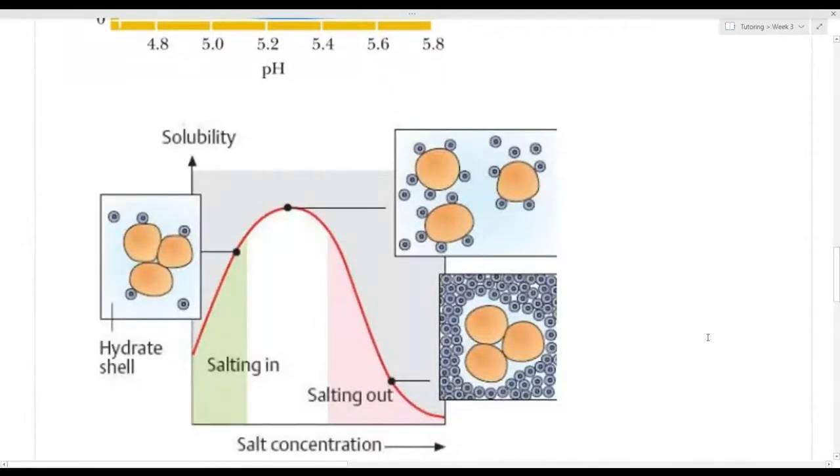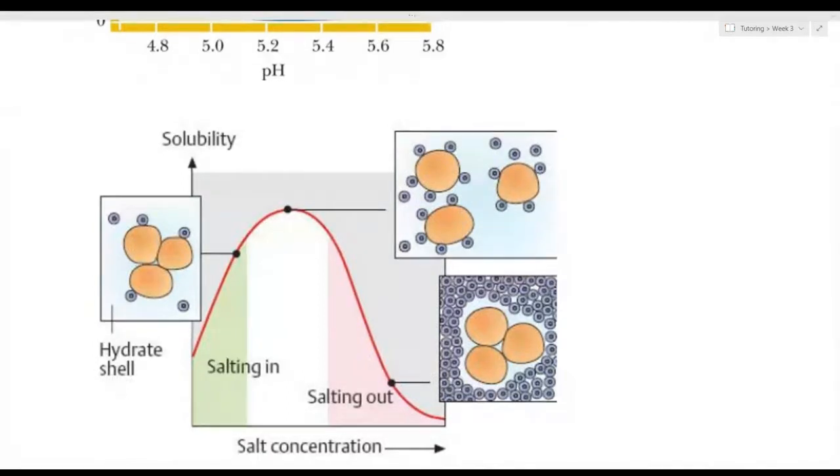And this is one of those topics that's really confusing and really hard to understand at first, but once you get it, it kind of makes sense. What I'm doing to my water is making it more polar, and so I'm forcing my proteins to interact with it. However, at some point the proteins aren't going to be polar enough for the salt, and that's where you reach that threshold and it starts getting worse and worse.